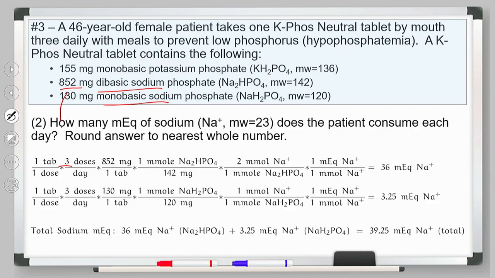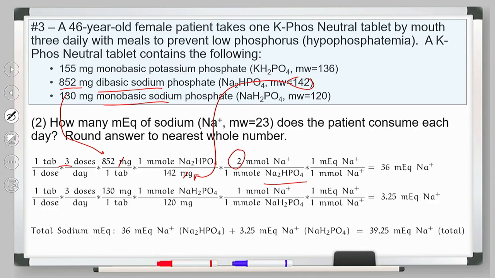For the dibasic, if I come down here, that's how many milligrams per tablet. So 3 times that. Its molecular weight is here. If we divide by that, we convert it to millimoles. Here is the trick. What is the formula for dibasic sodium phosphate? It's Na2HPO4. So do you see where this 2 comes from?